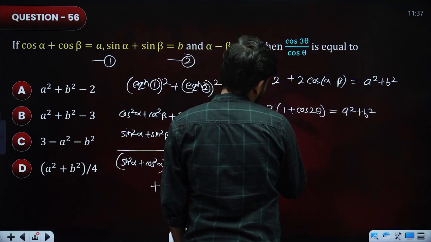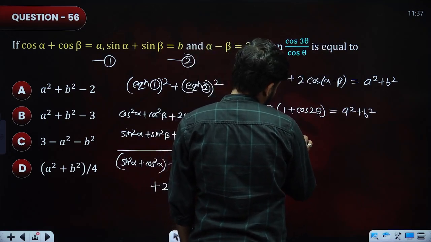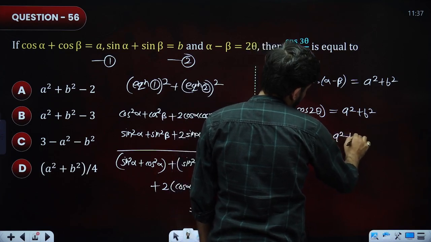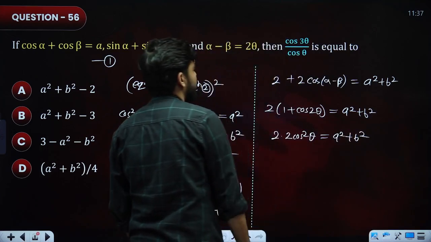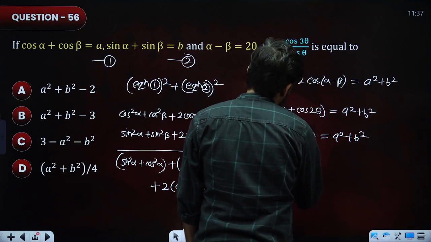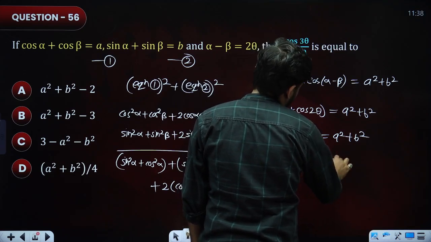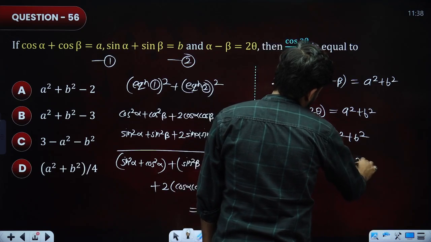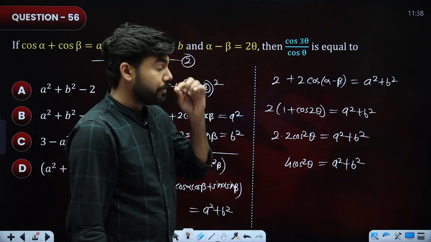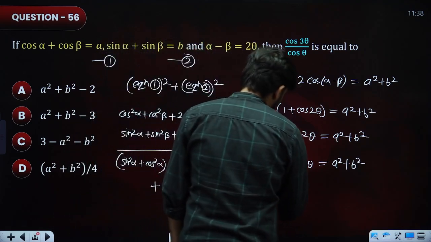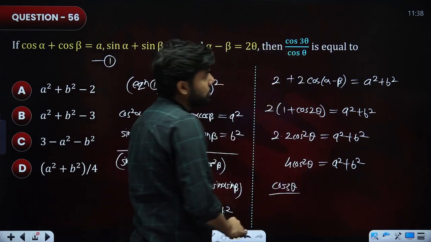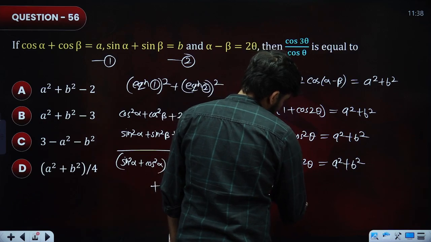Now 1 plus cos 2 theta is equal to 2 cos square theta, so 4 cos square theta equals A square plus B square according to the question. Now we have to find cos 3 theta upon cos theta.